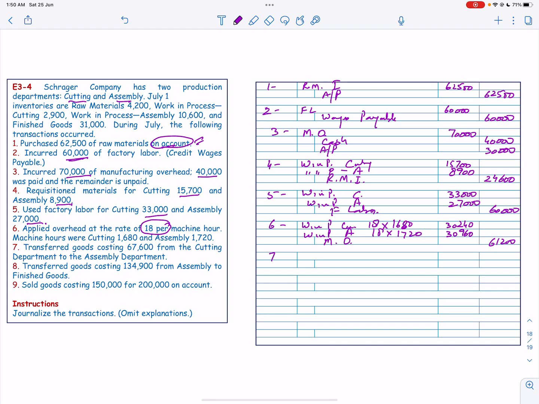We go to number 7, transferred goods costing 67,600 from the cutting department to assembly department.